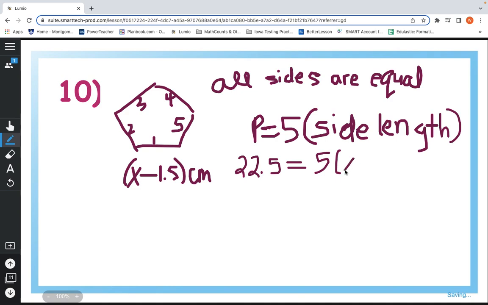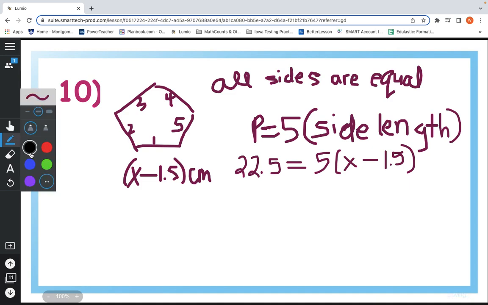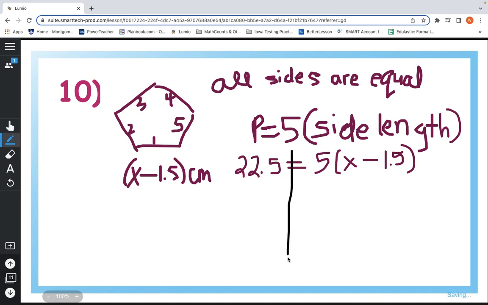So that's going to be 5 times X minus 1.5. Now again, here is my line. All right, so the first thing I'm going to do is get rid of the parentheses. So I'm going to get rid of this 5. Since 5 times that, I'm going to divide both sides by 5.